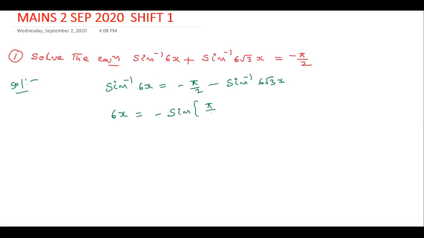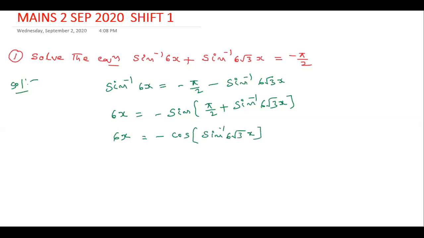So 6x is equal to minus sine of pi by 2 plus sine inverse of 6 root 3x. That is minus sine of 90 plus theta, which means second quadrant, where sine is positive. We get cos of sine inverse 6 root 3 into x.